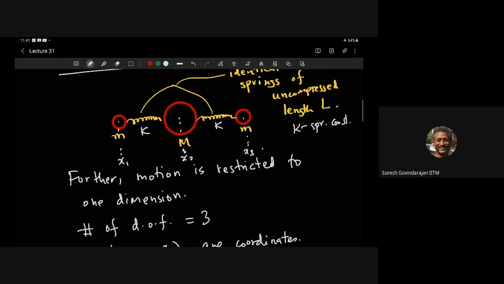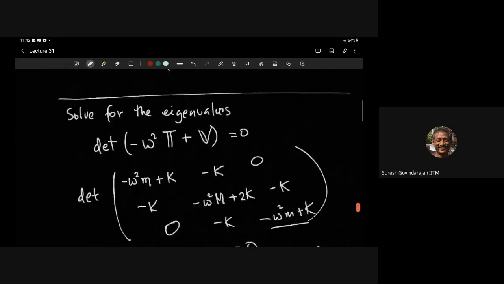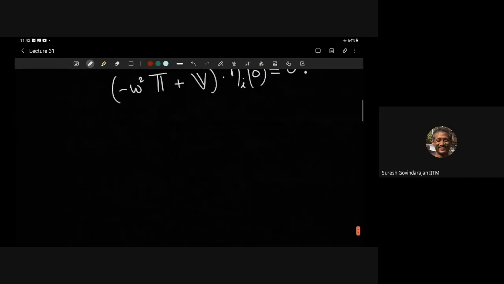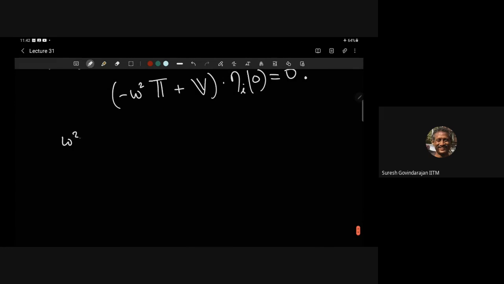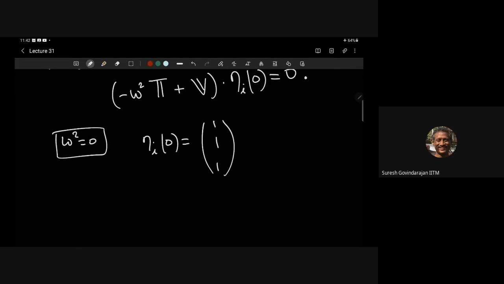So for omega square equal to 0, okay, this is easy. Eta I of 0 should be just 1, 1, 1. Okay. If you want to normalize or something, you can put root 3 or whatever, but I'm not going to do that at this point.